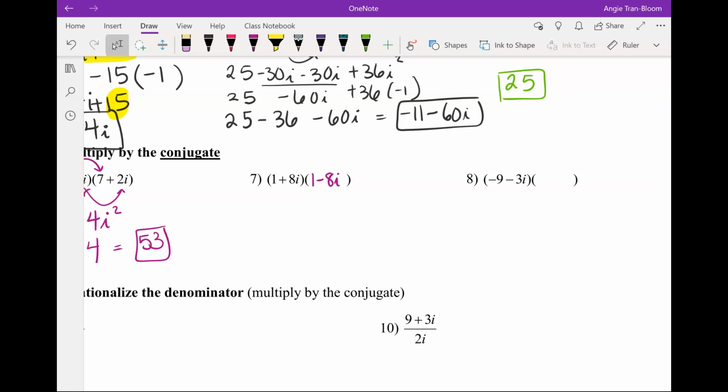You're right. I'm going to give you a minute and a half to finish both. Go. Remember, we love conjugates.